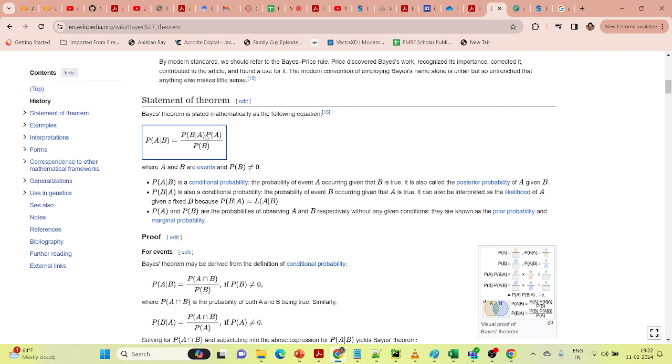P(A) is called the prior, P(B given A) is called the likelihood, which we have seen, and P(B) is called the evidence or total probability. So the idea is like this.